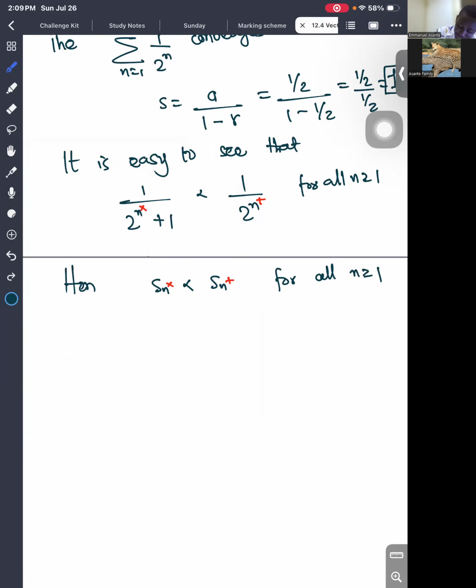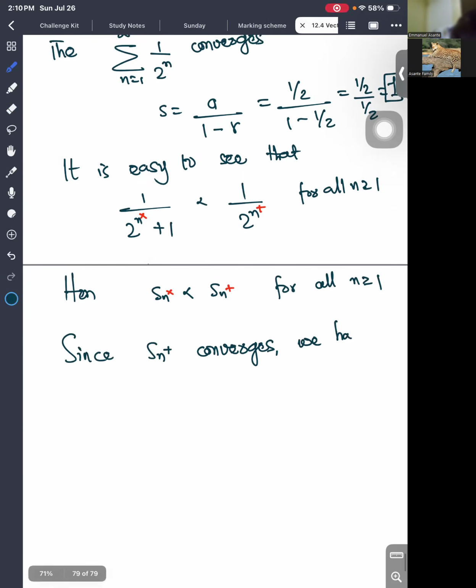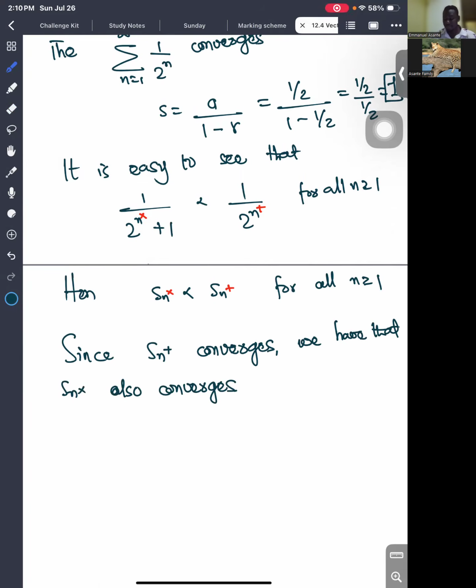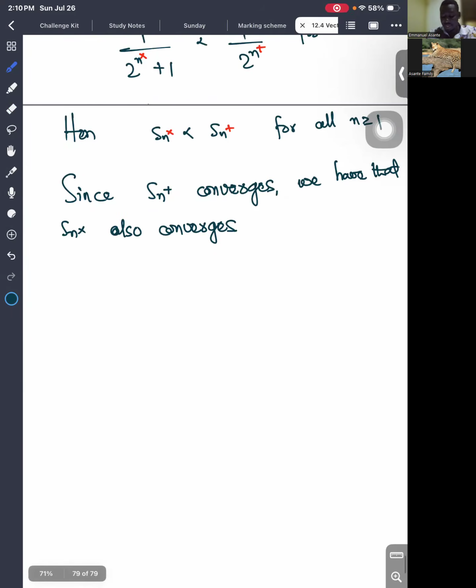So since S_n plus converges, we have that S_n times also converges. So there you have it: if S_n plus converges, then S_n times will also converge. That is the whole idea of the direct comparison test, in the case of convergence.